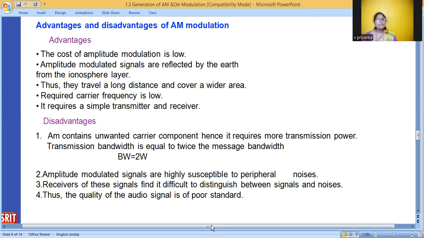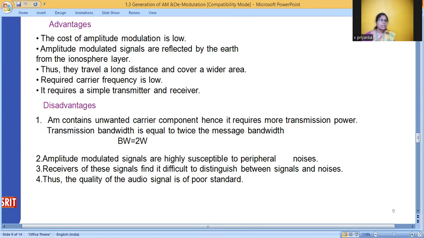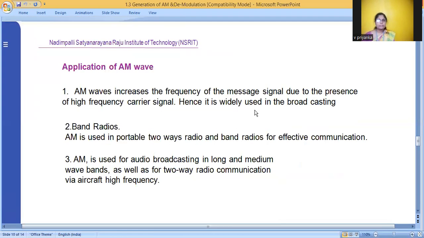The second disadvantage is that signals are highly susceptible to noise, and the receiver finds it difficult to distinguish between the message signal and noise. Thus, the audio signal is of poor quality.